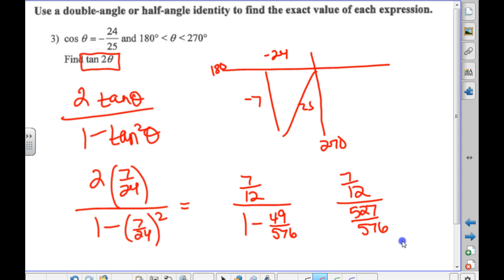And we have 7/12, so we flip this over. 12 goes into 576 probably about 48 times, because 24 goes in there 24 times. 7 times 48 is? Are we sure?